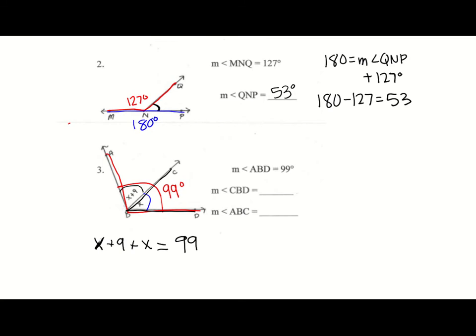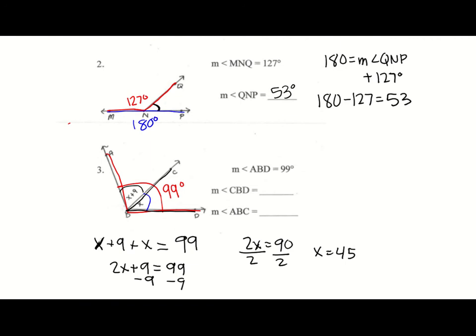So if I have x plus x here, I'm going to combine like terms. 2x plus 9 equals 99. Subtract 9 on both sides, I get 2x equals 90. Divide by 2, and I get x equals 45.